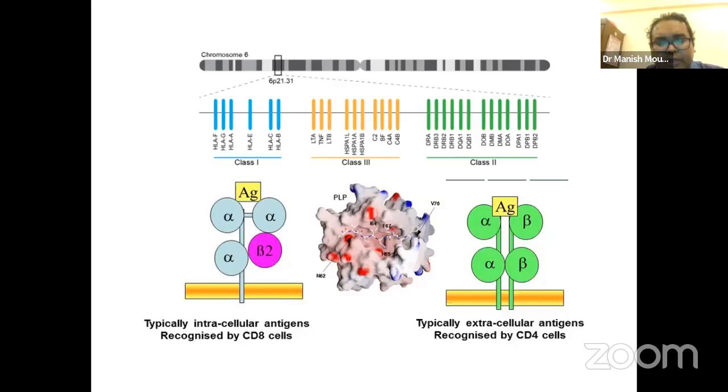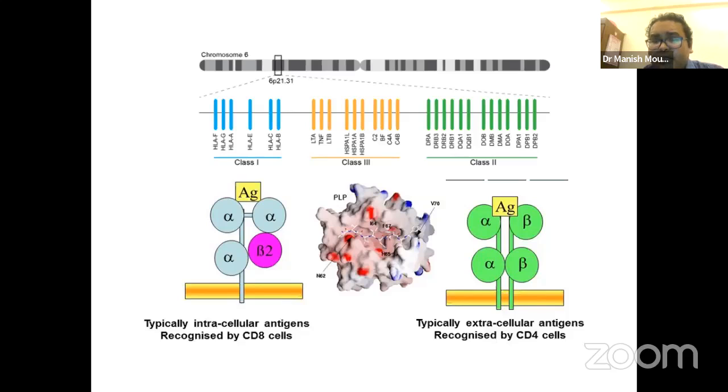Here we are observing one picture: class 1 is made of alpha 1, alpha 2, alpha 3 domains and the beta 2 domain. Alpha 1 and alpha 2 are responsible for interacting with the antigen. In the same way in class 2, alpha 1 and beta 1 are responsible for interacting with the antigen.